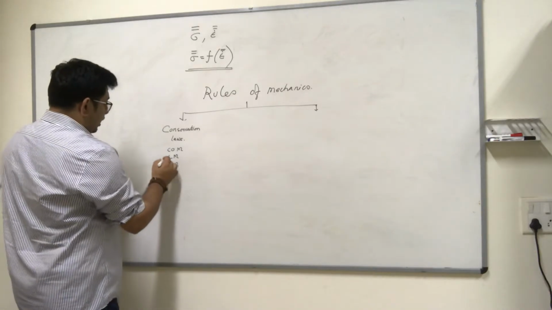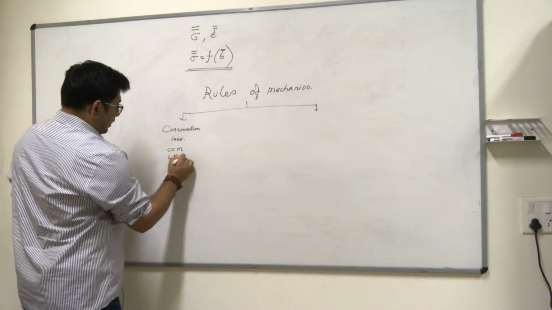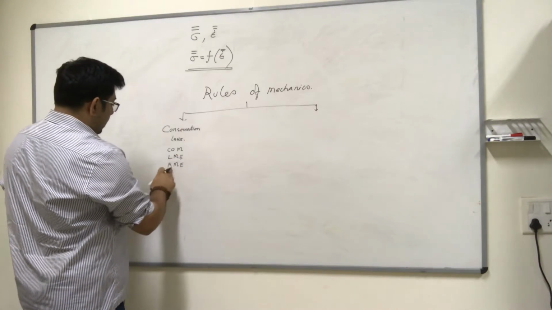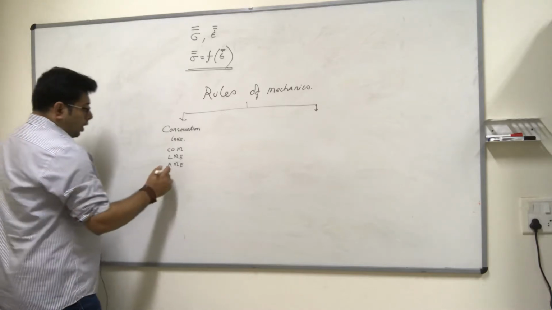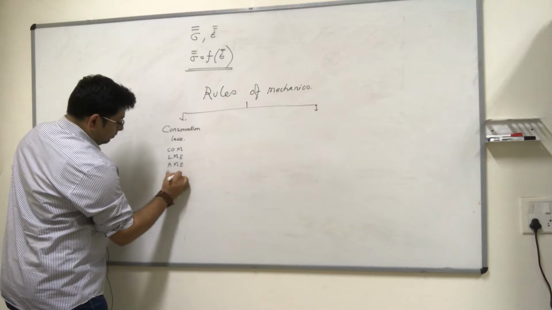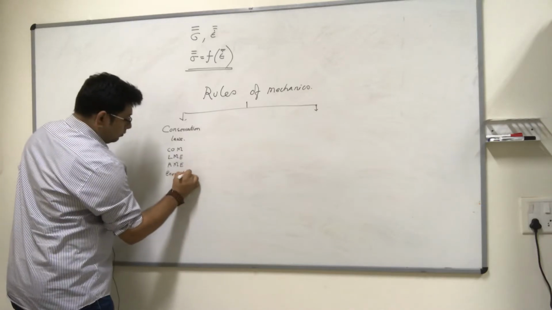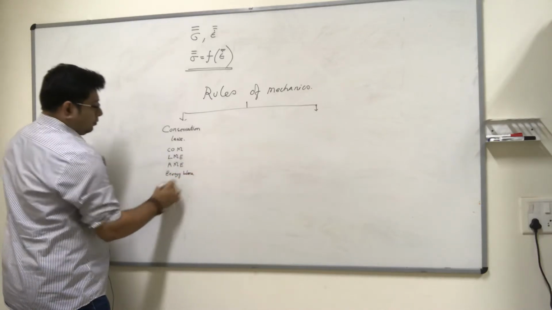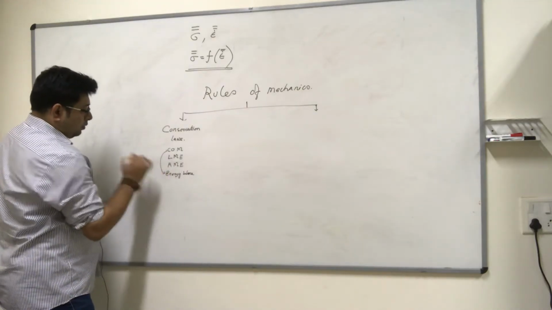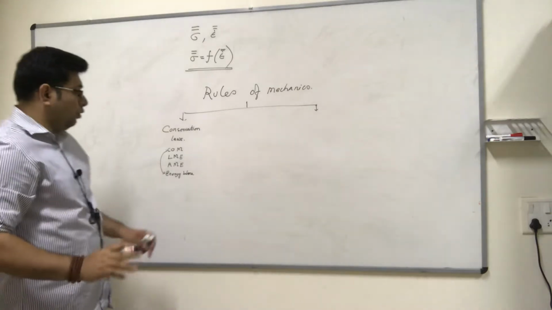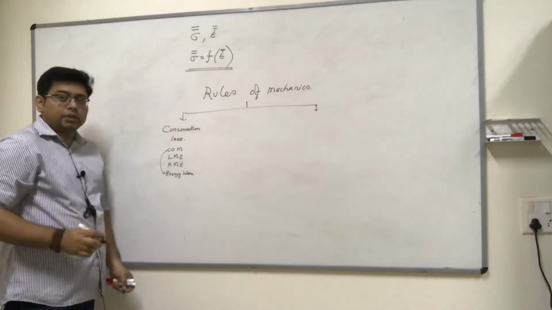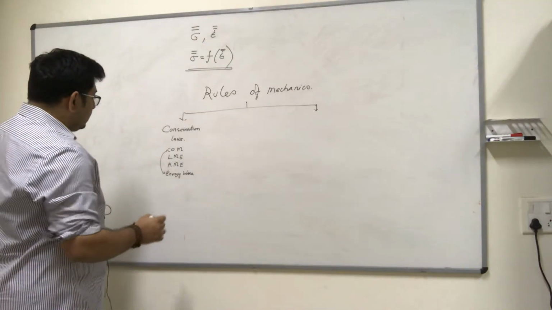So we have the linear momentum equation, the angular momentum equation, and then the energy balance. Of course, we now know that some of these are related to each other, but right now we'll not worry about that. We'll just look at them as different sets of equations.